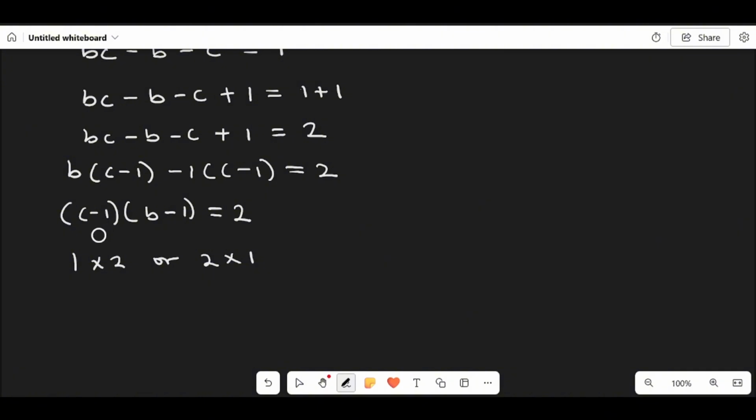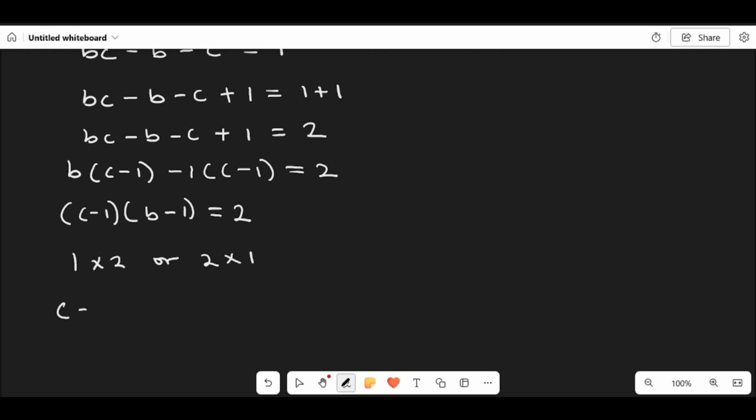Now let us say that c minus 1 equal to 1 and b minus 1 equal to 2, and solve for c and b.